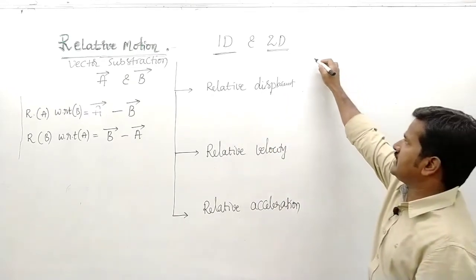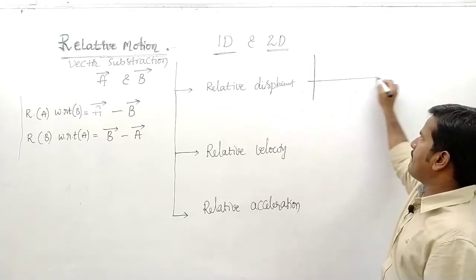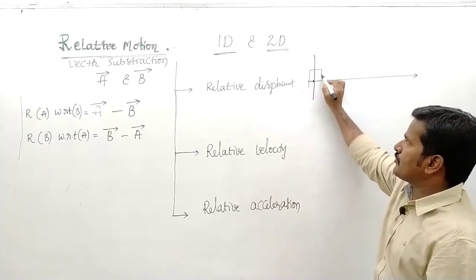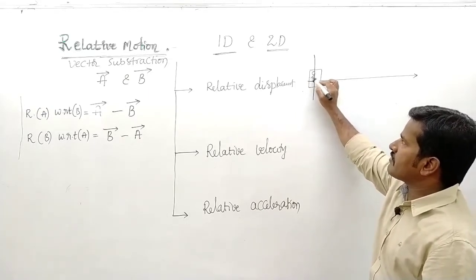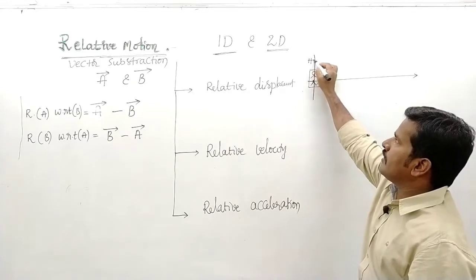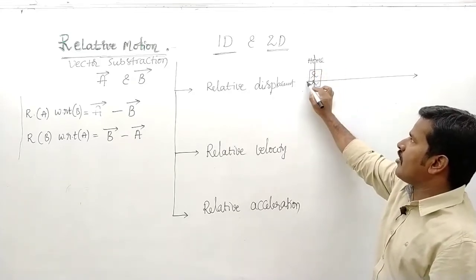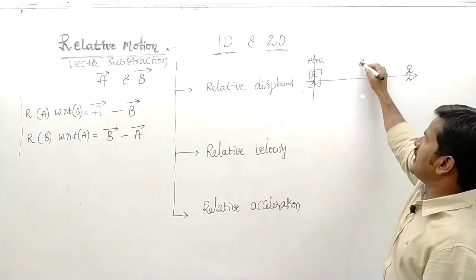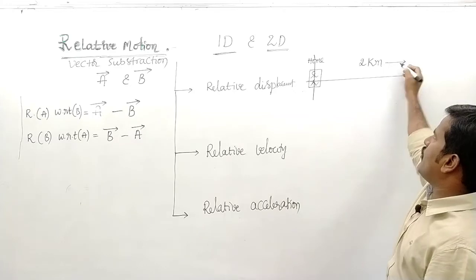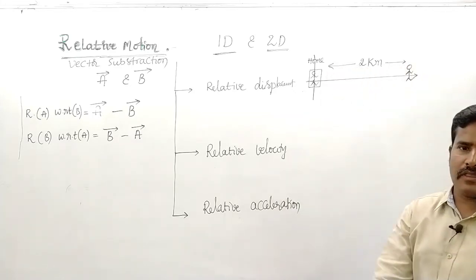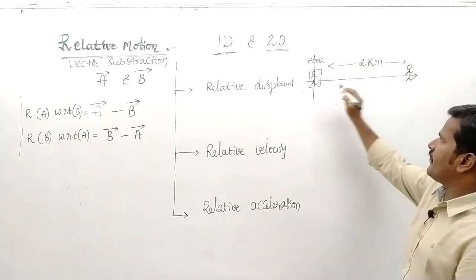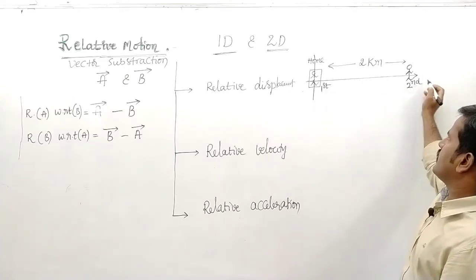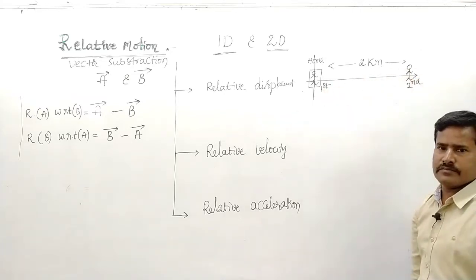Suppose this is the origin. It is nothing but a house, home. One person is at home, so home is considered as the origin. Another person is 2 kilometers from home. So the first person is at home, the second person is 2 kilometers from home.